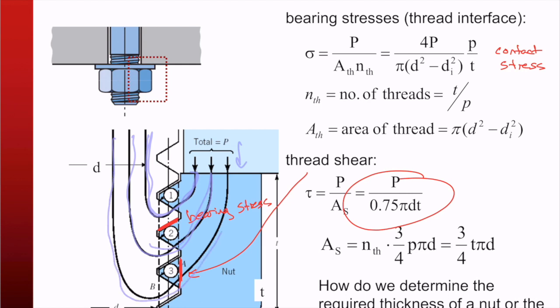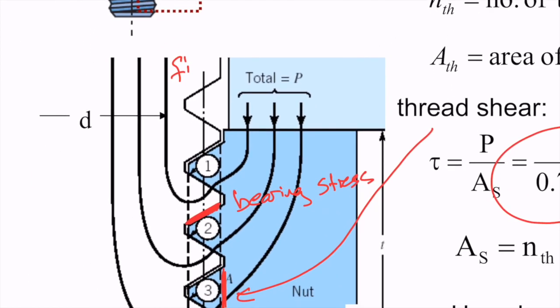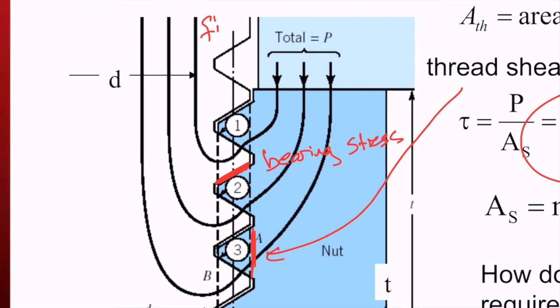So my question to you: let's call these fibers, right? Let's zoom in on this a little bit. This is fiber 1, because it's the fiber that goes through the first thread.